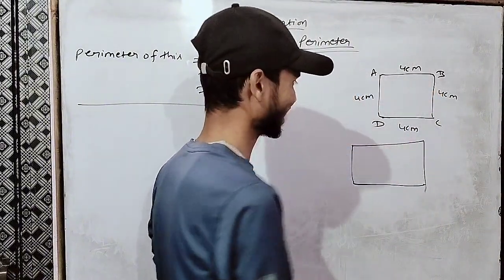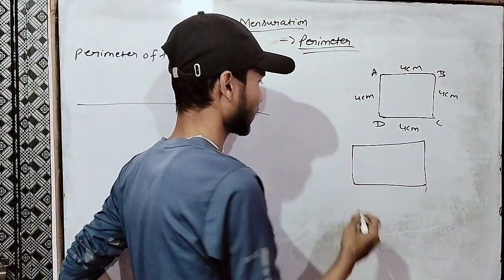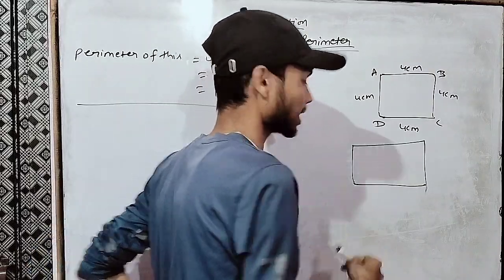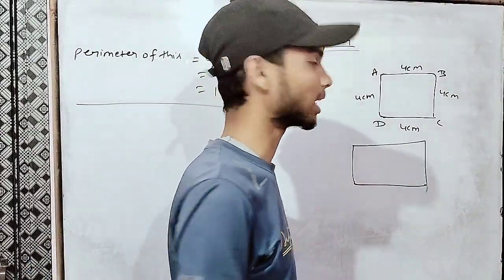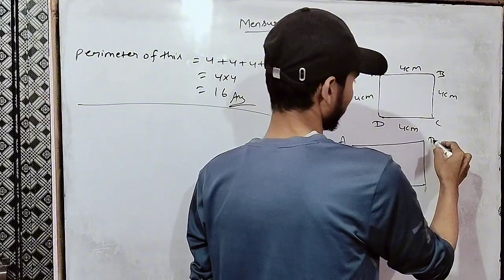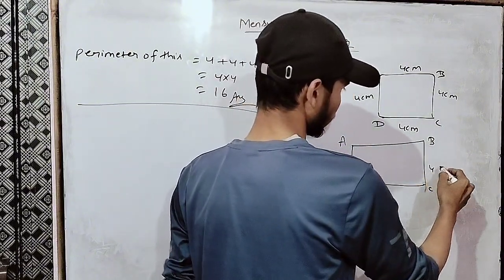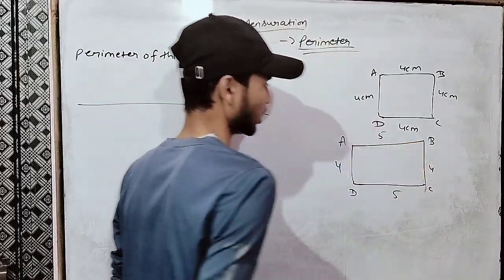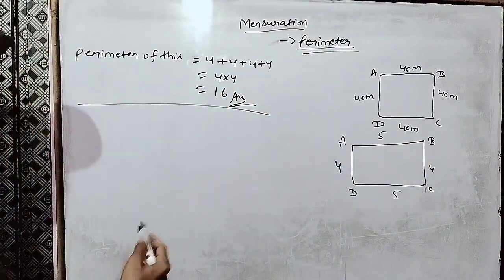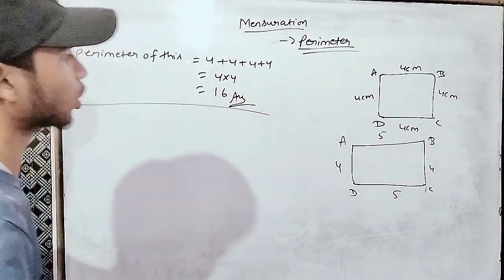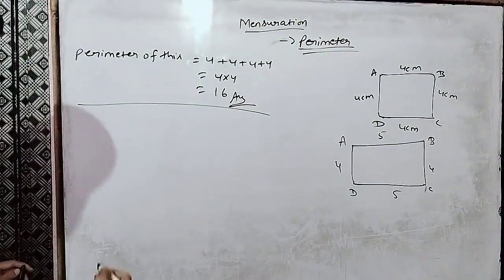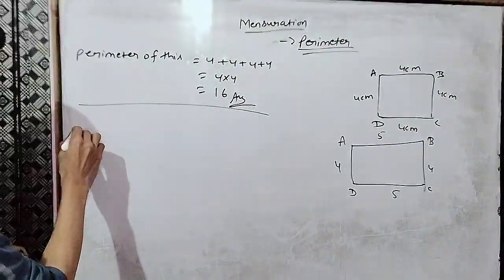Okay, now we have a rectangle. A rectangle has two pairs of parallel lines, as you know. This is 4, this is 4, and this is 5, this is 5. So what is a way to calculate the perimeter of this rectangle?